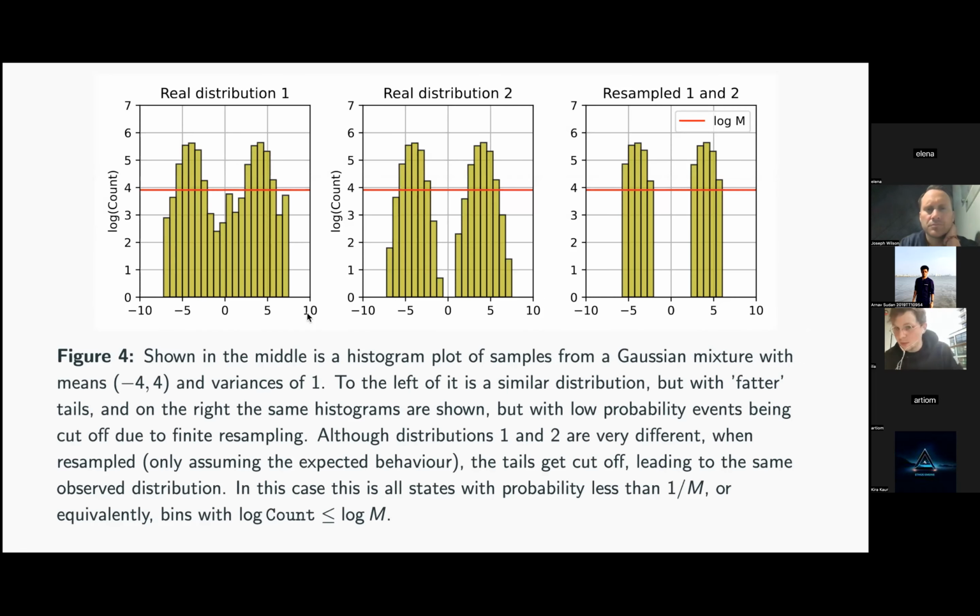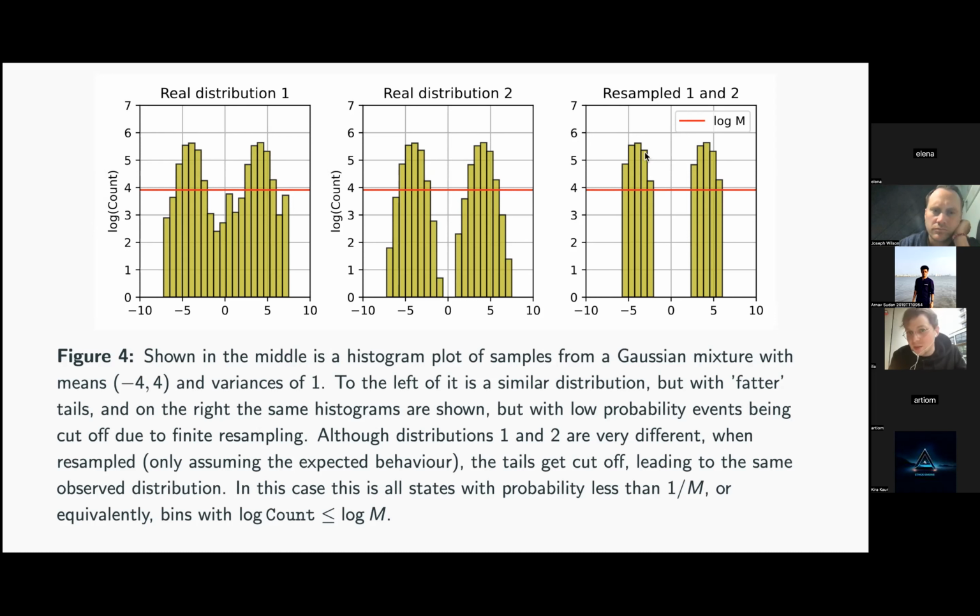Just to give an example of a super simple setting where statistical error is actually causing most of the problems. On the left, we see 2 Gaussians with relatively fat tails, i.e. we have a lot of improbable events. There is quite a lot of volume here in the improbable events. And let's imagine that we are sampling this distribution. Then if we try to resample the distribution on the left, where there are a lot of tail events, and the distribution in the middle where there is not as much volume in our tail events, we will basically be observing exactly the same image.